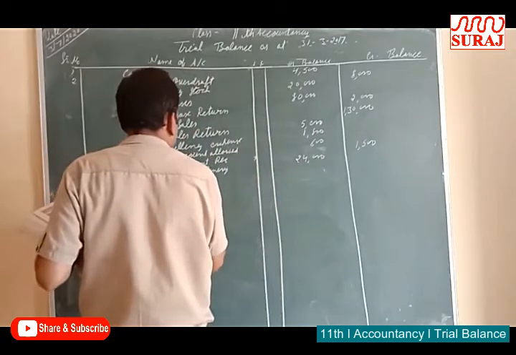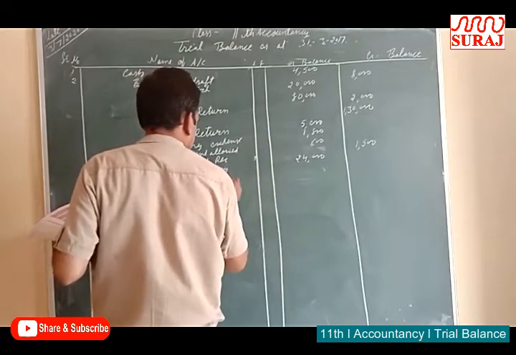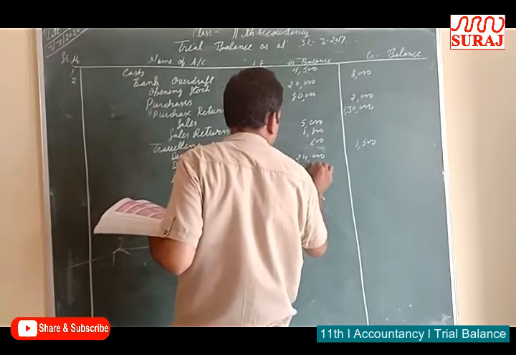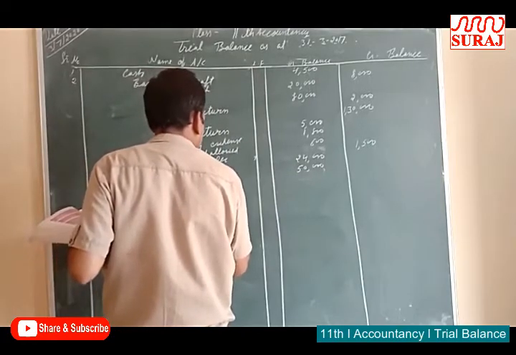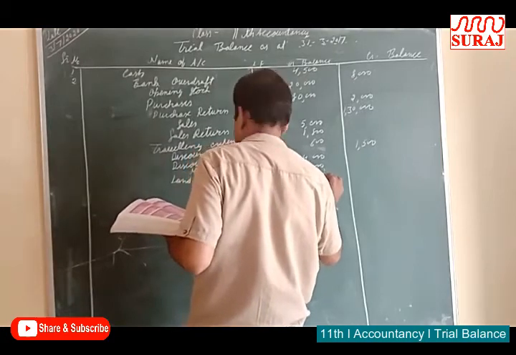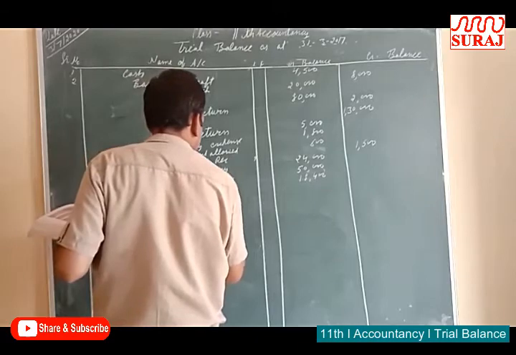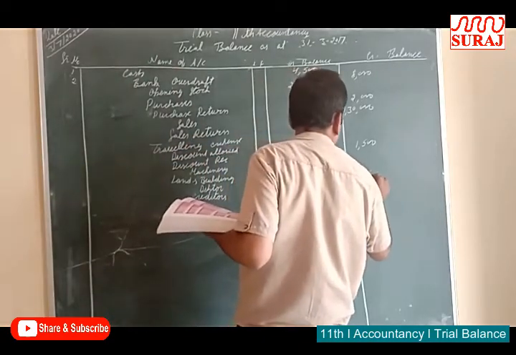Land and building, asset, debit balance: 50,000. Debtors, also assets, debit balance: 18,400. Creditors, liability: 8,500.